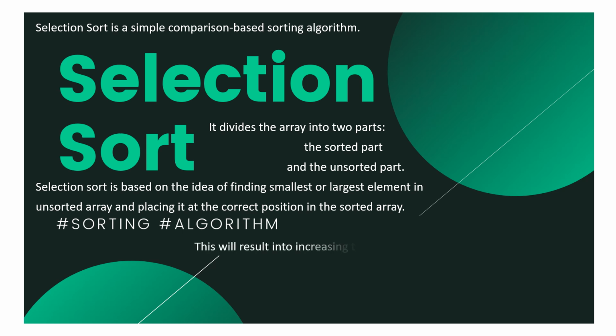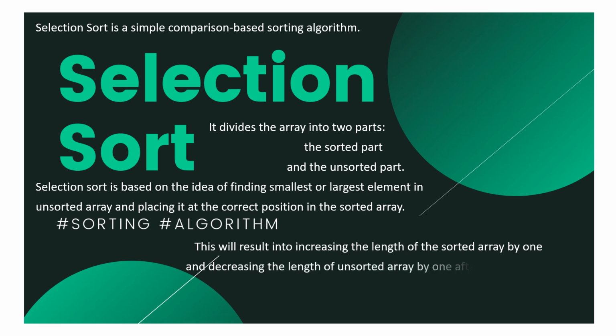So this is the technique behind selection sort, and it increases the length of the sorted array by 1 and decreases the length of the unsorted array by 1 after each iteration. So this is the simple comparison based approach of the selection sort algorithm.